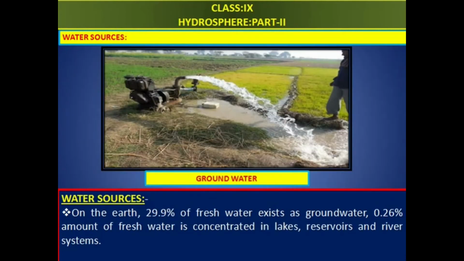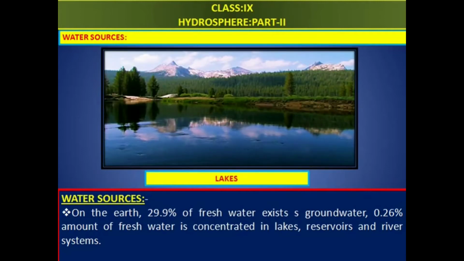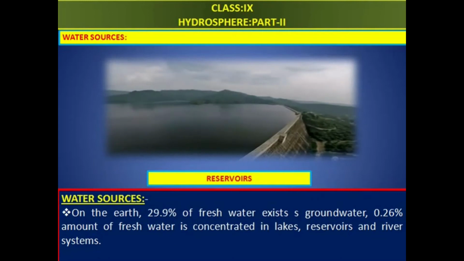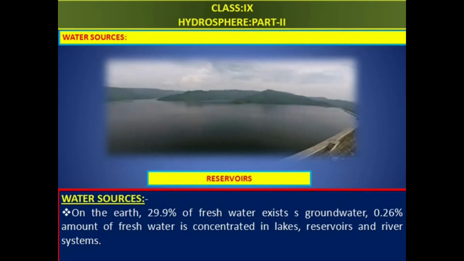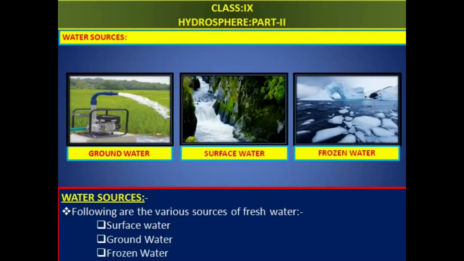On the earth, 29.9% of fresh water exists as groundwater. 0.26% of fresh water is concentrated in lakes, reservoirs and river systems. Following are the various sources of fresh water: surface water, groundwater, frozen water.